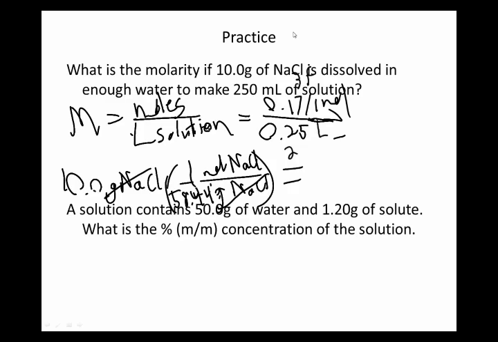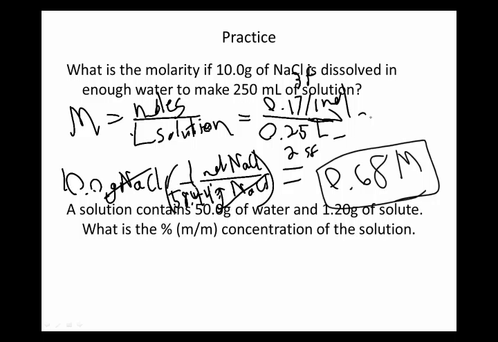And so when I divide that number by 0.25, I get my concentration of 0.68 molar. You might have gotten 0.69 because it was really close to that rounding. That had a rounding issue.